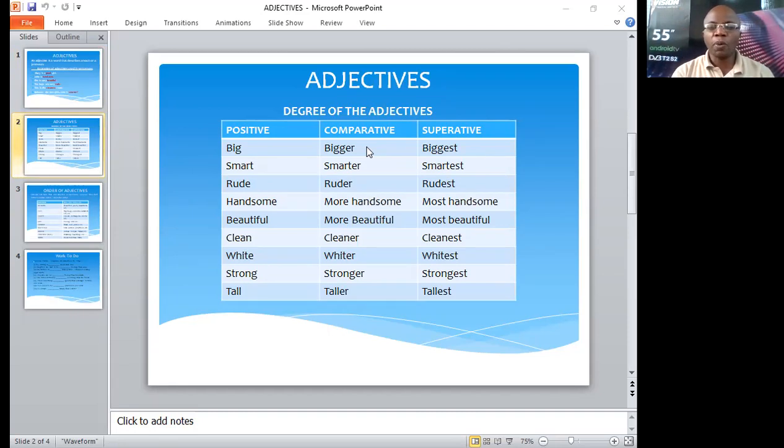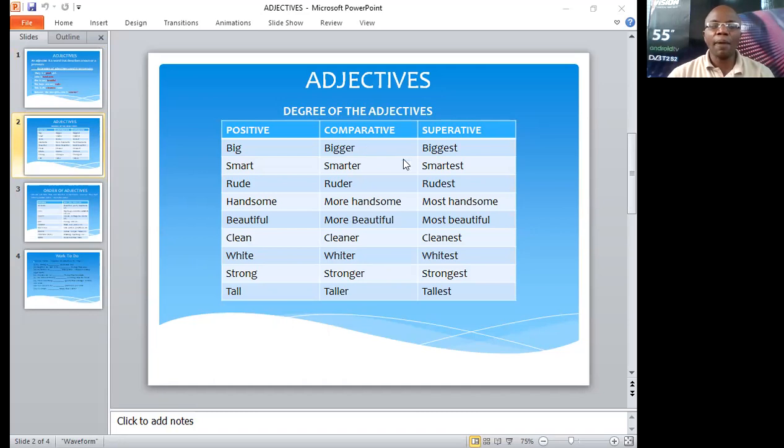We use the positive degree when we are talking about one person, one item, or one object. Then we use the comparative degree when we are talking about 2 people, 2 things, or 2 objects. Then we use the superlative degree when we are referring to 3 people, 3 things, or 3 objects.